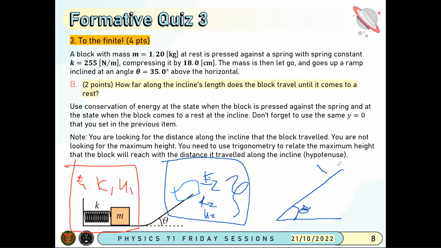So nandito yung object, right? So yung makukuha mo dyan na final answer is yung maximum height. Pero ang tinatanong, how far along the incline's length? Okay. So actually, ang tinatanong ay this one, this distance.